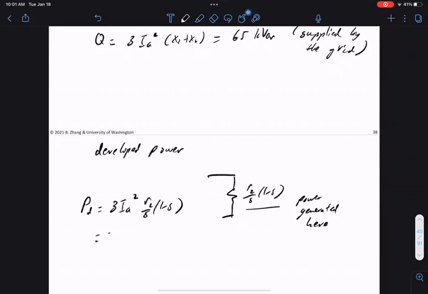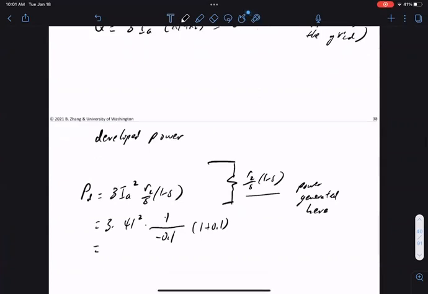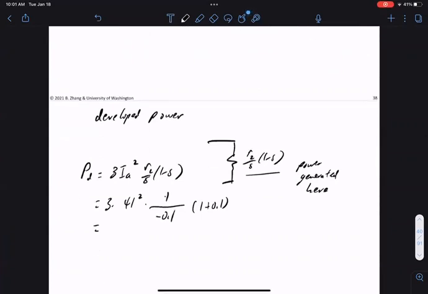So this is 3 times 41 squared, times R2, times (1 minus 0.1) over the slip, which is where the negative slip comes in. This is about minus 56 kilowatts. This minus sign corresponds to the fact that the slip is negative.